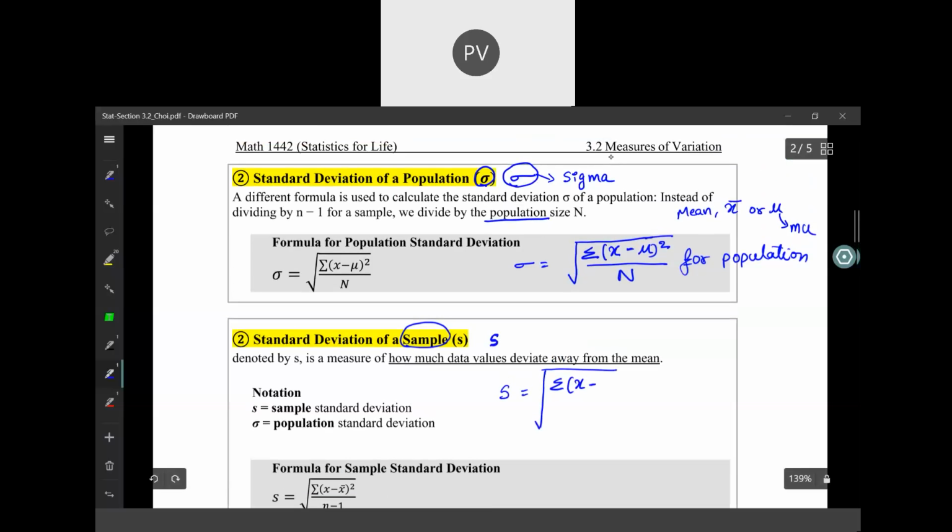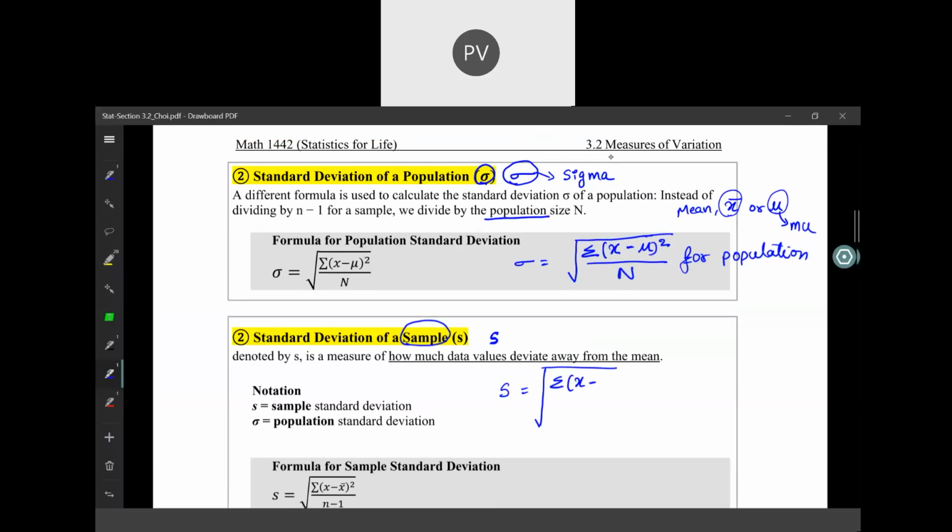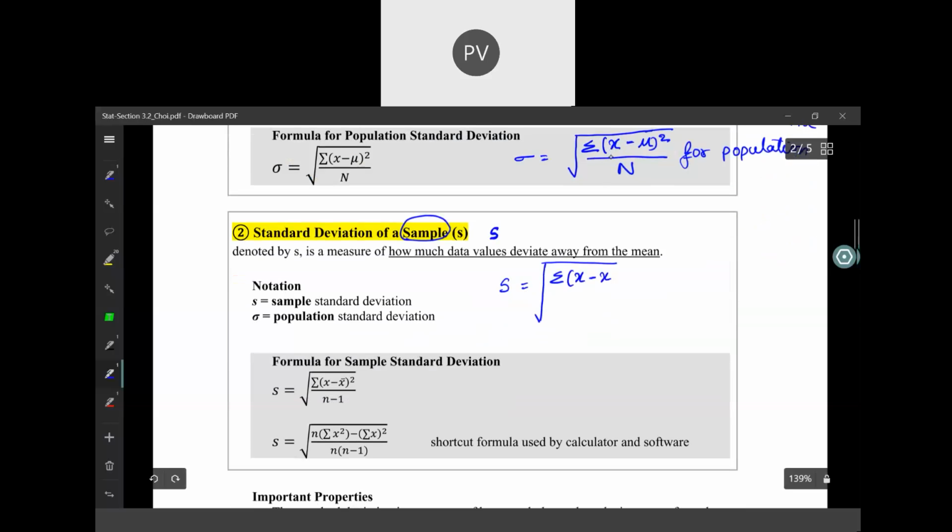I said the mean is represented by x bar and mu. Mu is for population, x bar is for sample. So I will denote it as x bar, the whole square divided by, here the formula varies, n minus 1.